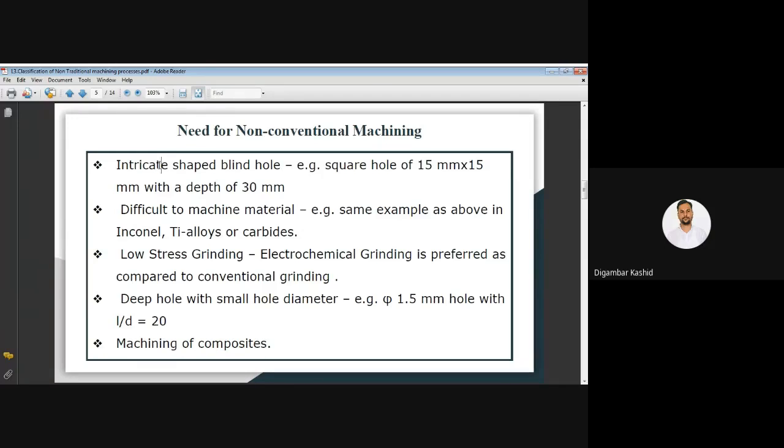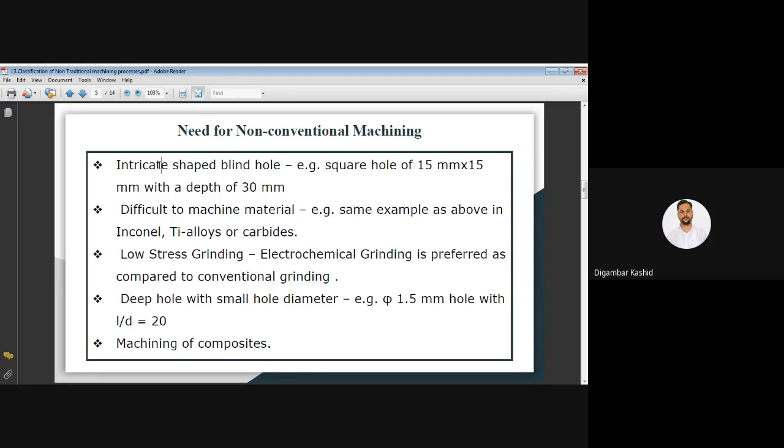For example, if the material of the workpiece is Inconel, titanium alloys or carbide, then it is not possible using conventional machining, because these materials are very hard and difficult to machine. So for that purpose we need non-conventional machining. Again, drilling a square hole of 15 mm by 15 mm in that material is difficult, so non-conventional machining is sufficient.